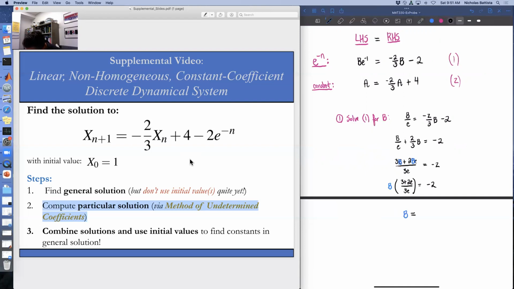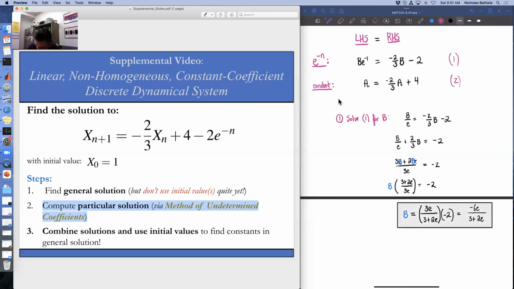So we have b is equal to 3e all over 3 plus 2e, all times minus 2, some constant that we can use later. So this is minus 6e all over 3 plus 2e. We'll come back to this in a bit. Let's not forget about it, but we found the constant factor in our particular solution.